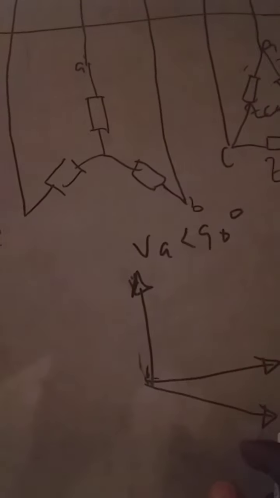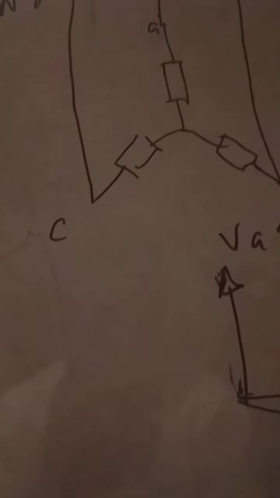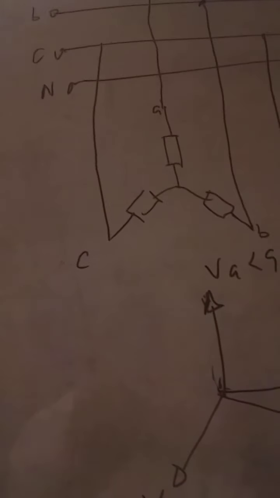VA is at angle 90 degrees, since between VA and VB must be 120. Then VB plus 120 takes you to VC, at angle minus 150 degrees. So those are the phase voltages represented on the phasor.